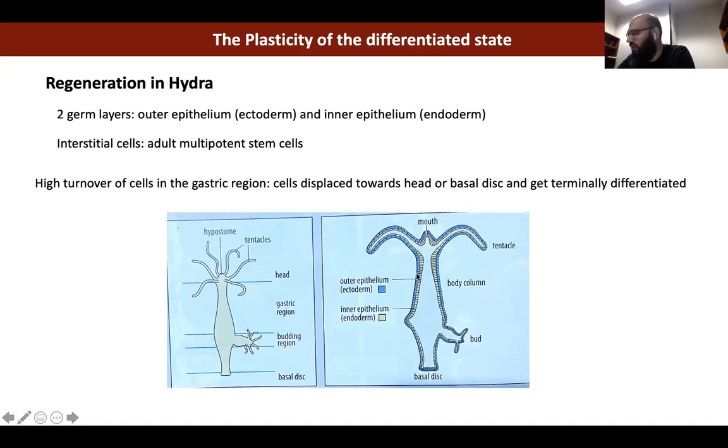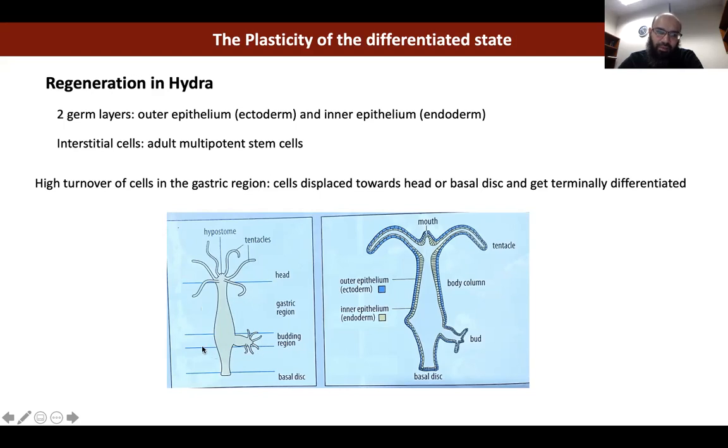This polarity dictates that if the cut is made on the head-facing interface, the hydra will always grow a head towards this side. It will never grow a tail on this side.